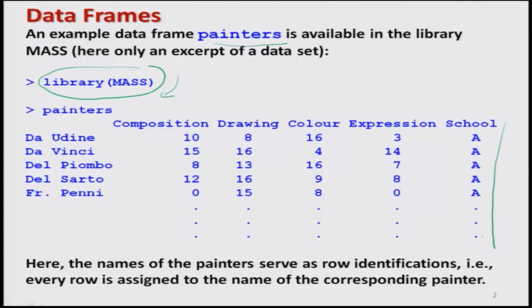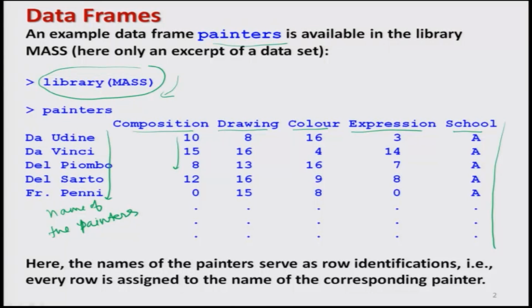Just for your remembrance, in this data set in the first column we had the names of the painters. We have some data on their composition, drawing, color, expression, school.